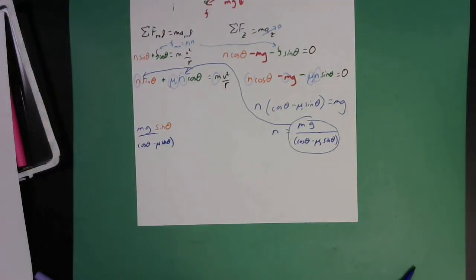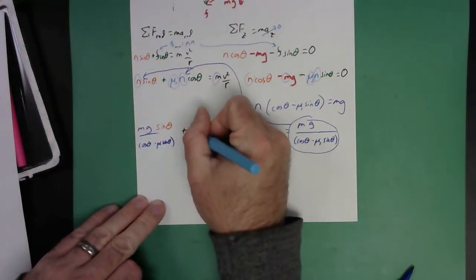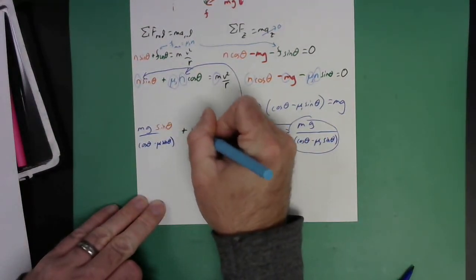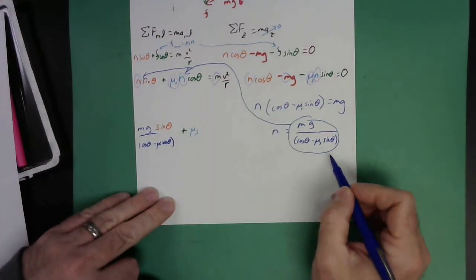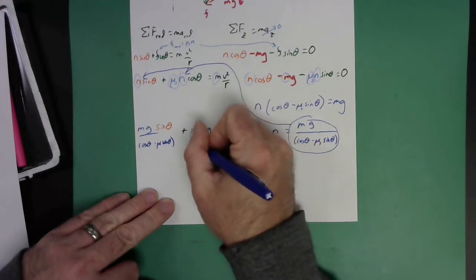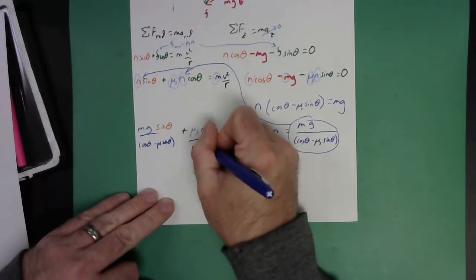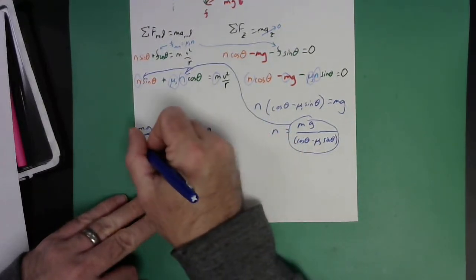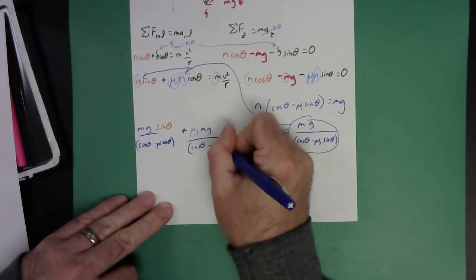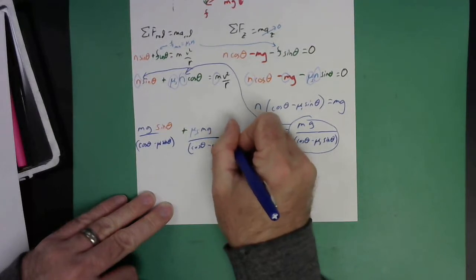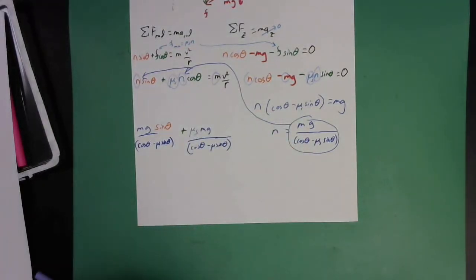Okay, and now I have plus mu, I thought I wasn't going to color code anymore, oh well, plus mu times n. And so that's going to be another mg over cosine theta minus mu sine theta, and then times a cosine theta.